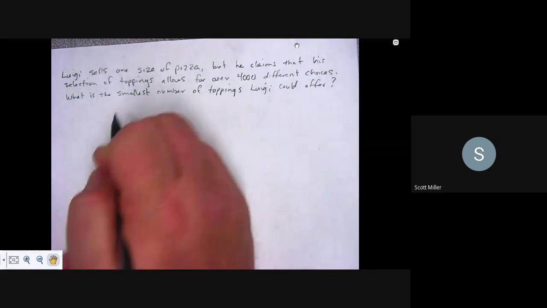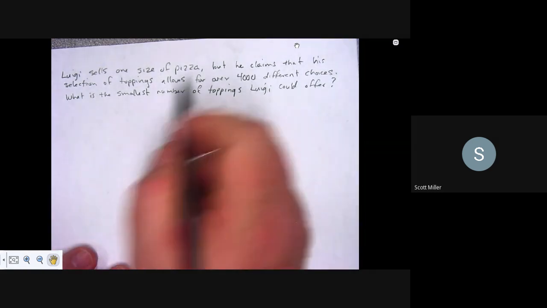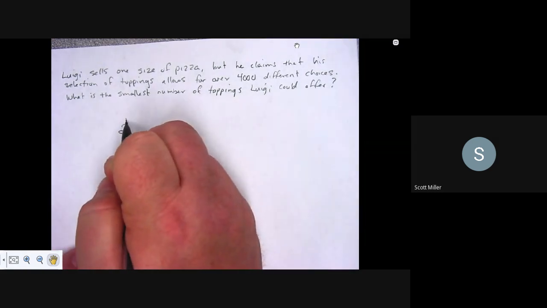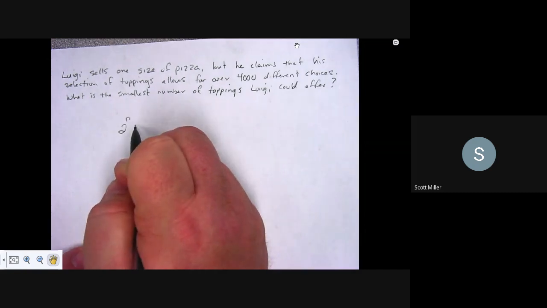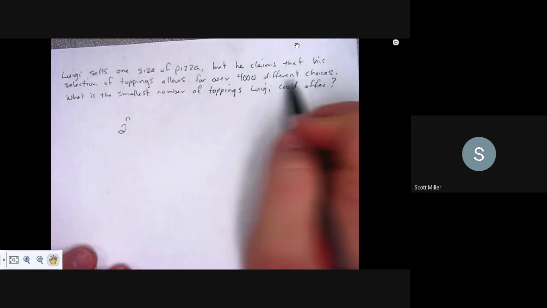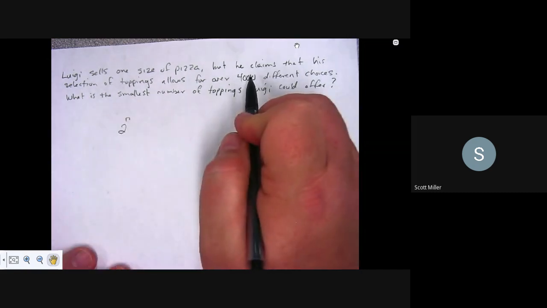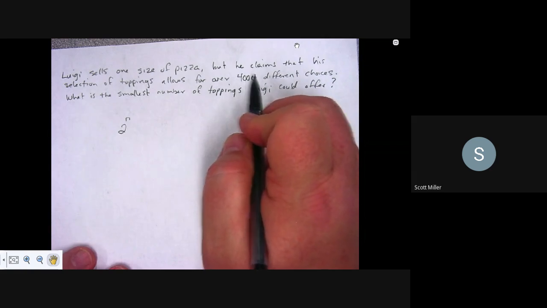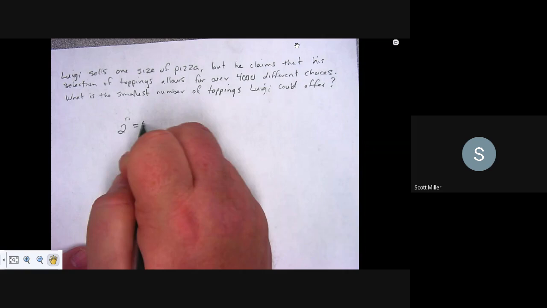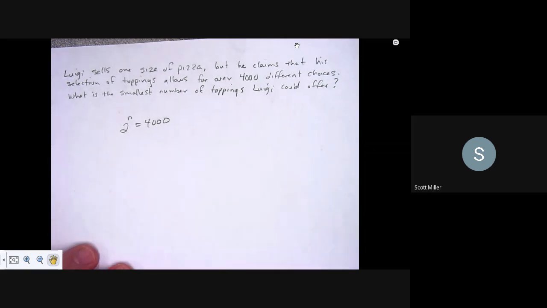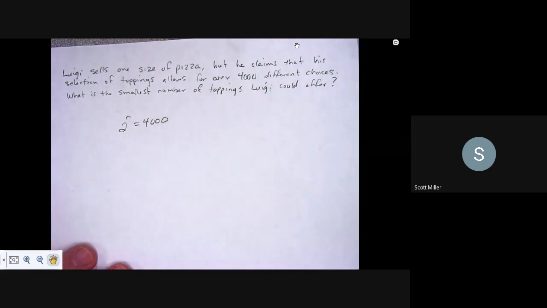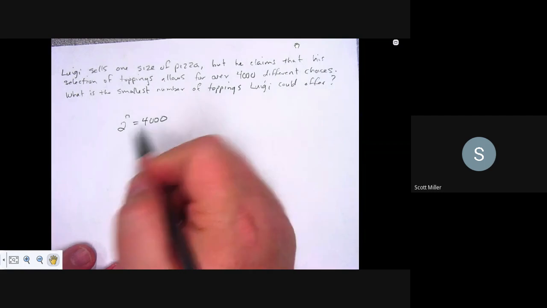How many different ways can I do this? So I don't know the n number. But I do know 2 to the n has to be at least 4,000. Okay? So let's find out how many pizza toppings I need to make 4,000. So that's how you would set that up. And since this is an exponential, I need to solve this exponential.